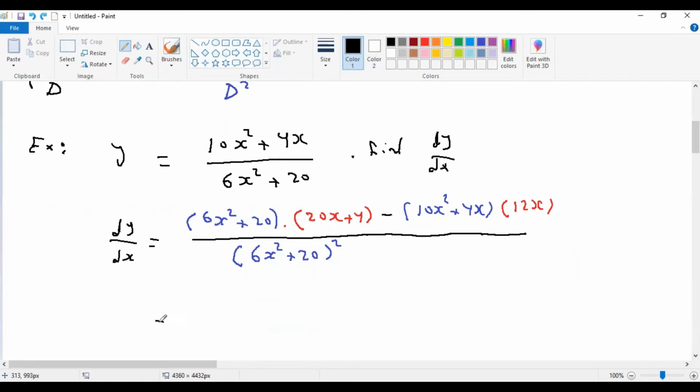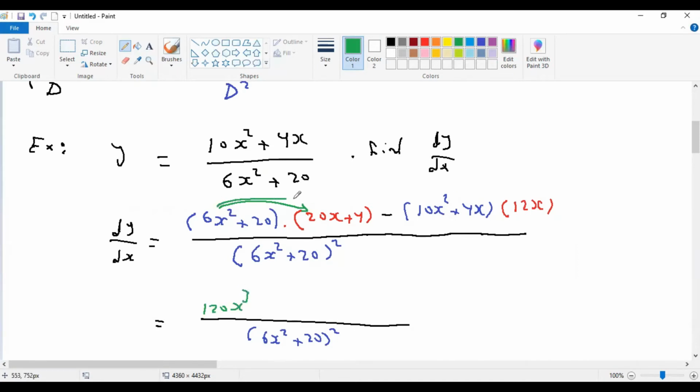So it equals, now what we have: the denominator (6x squared plus 20) to the power 2. Here we have multiplication that can be carried out. Multiply 6x squared by 20x first: that is 120, and x squared times x is x cubed.